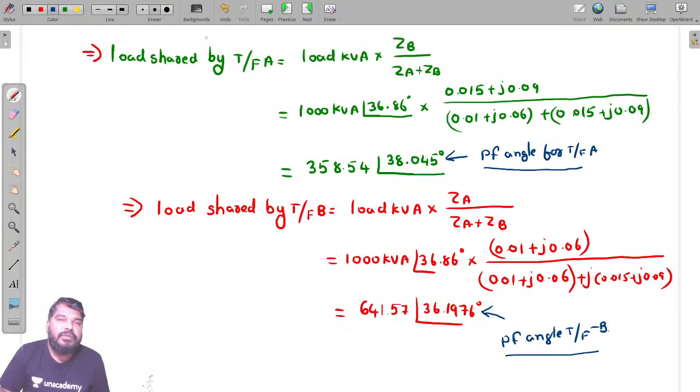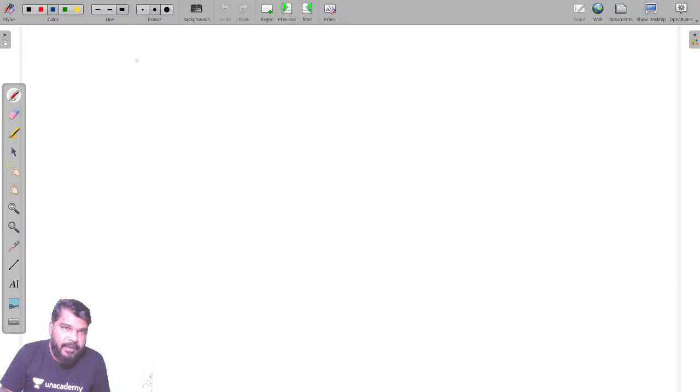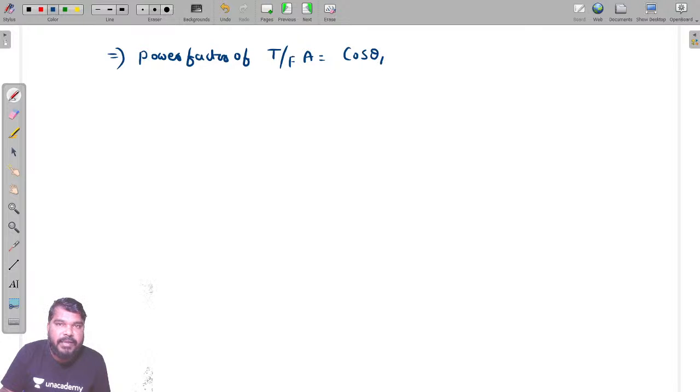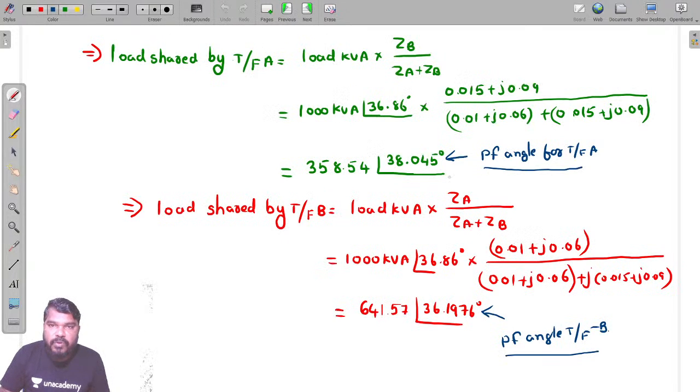Therefore the power factor of transformer A is equal to cos theta A. So cos of, what is the angle here? This angle is equal to 38.045 degrees.